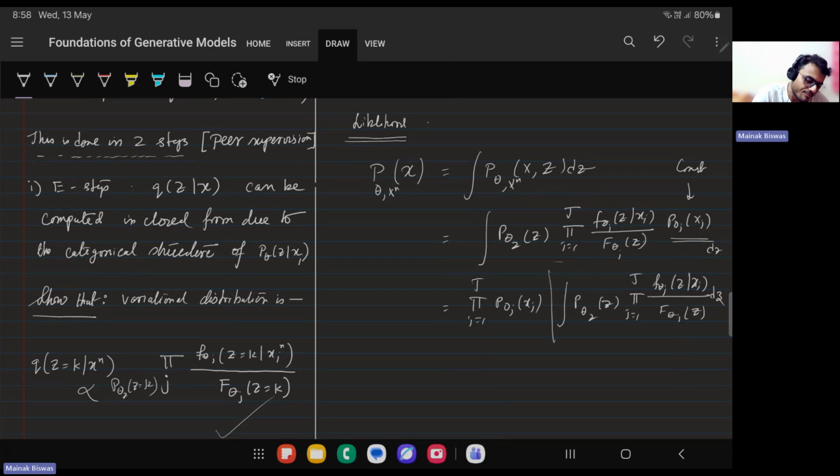So this is my function over the model. This is defined as w theta z of w theta x.